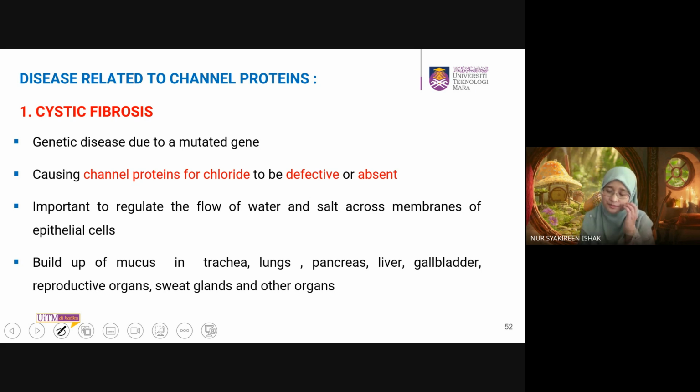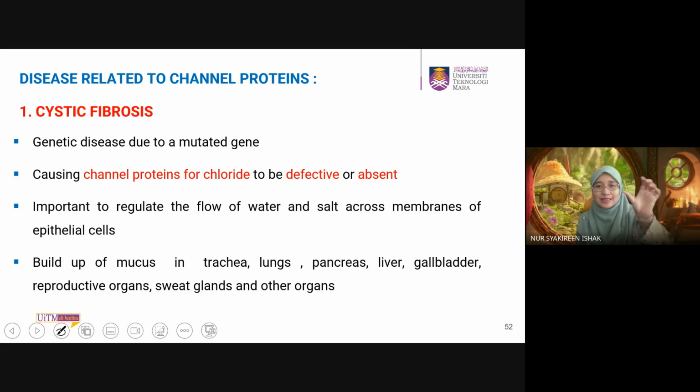Basically, cystic fibrosis is a genetic disease. It means that it is due to mutation in your genes. We know that your nucleus contains DNA that codes for many genes to synthesize specific proteins.